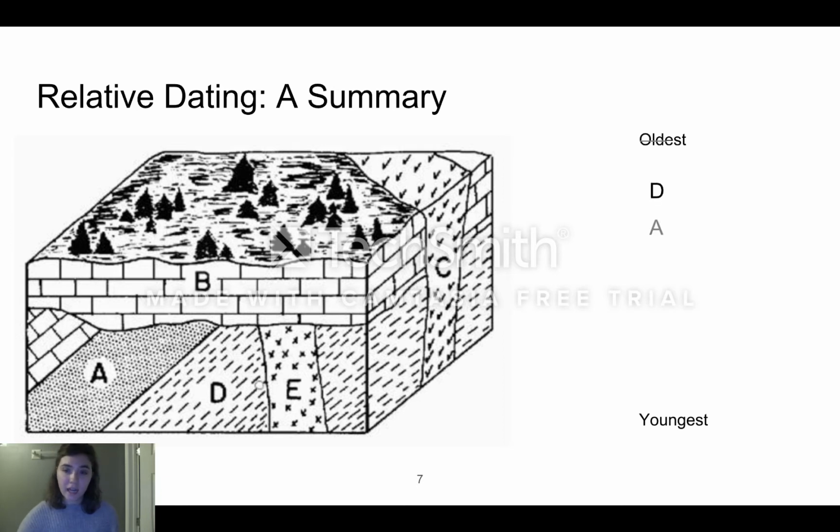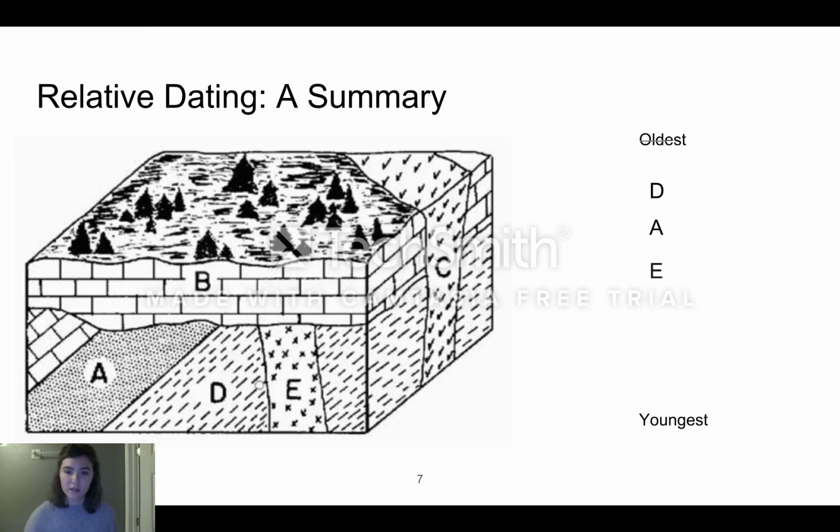So D and A are the oldest and the second oldest, based on the law of superposition and also the law of horizontality, which tells us that because D is below A, then it's older than A. And because they are at a different orientation, they have been tilted after they were deposited.